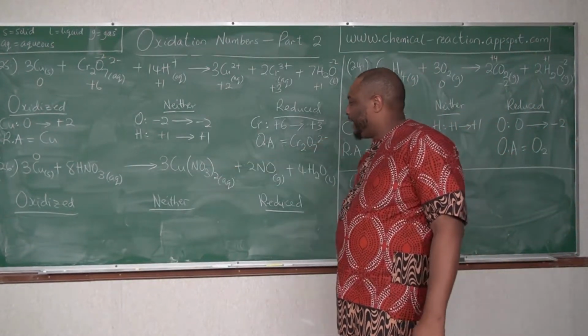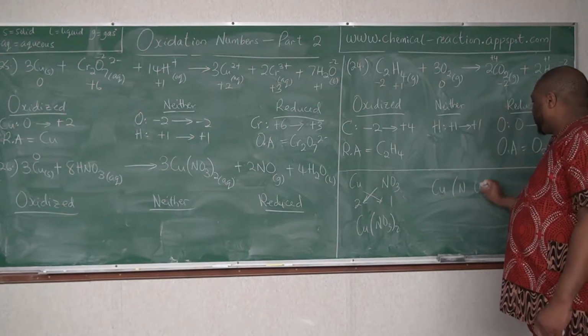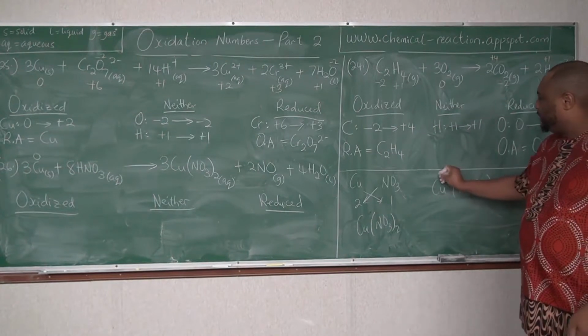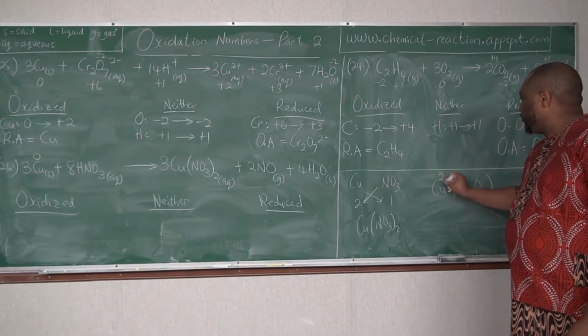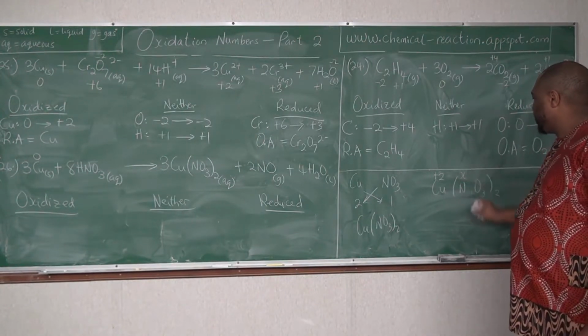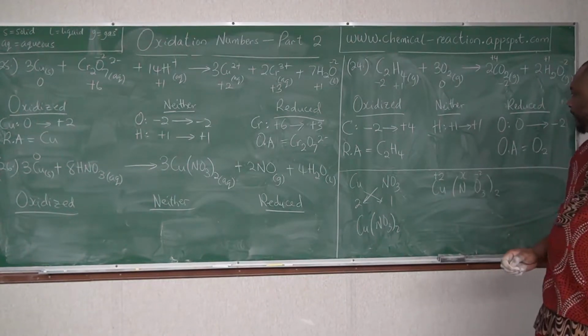Let's do copper nitrate: copper, nitrogen, oxygen 3, and then 2. Copper is plus 2. Nitrogen, let it be X. Oxygen is minus 2.